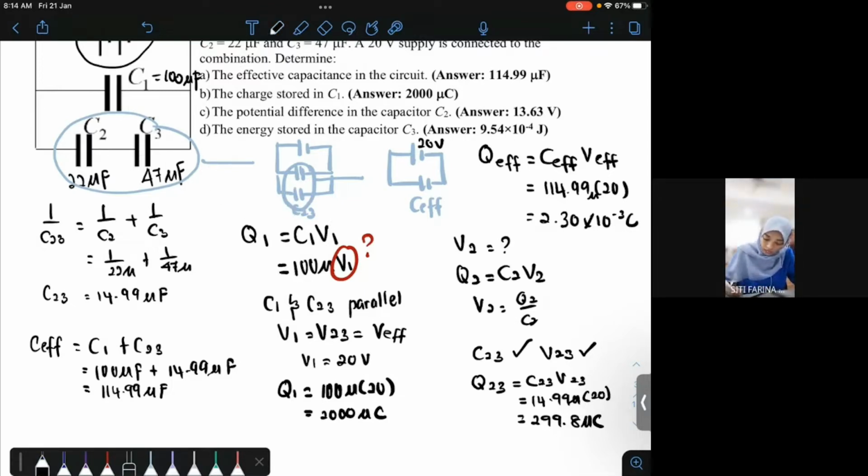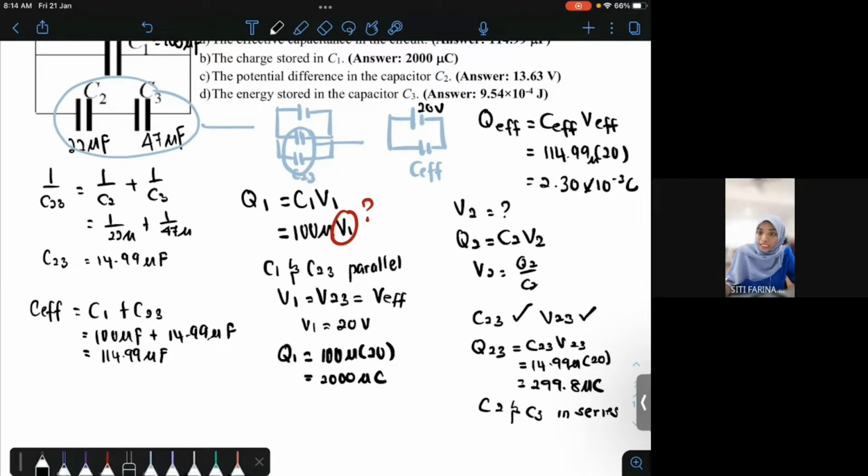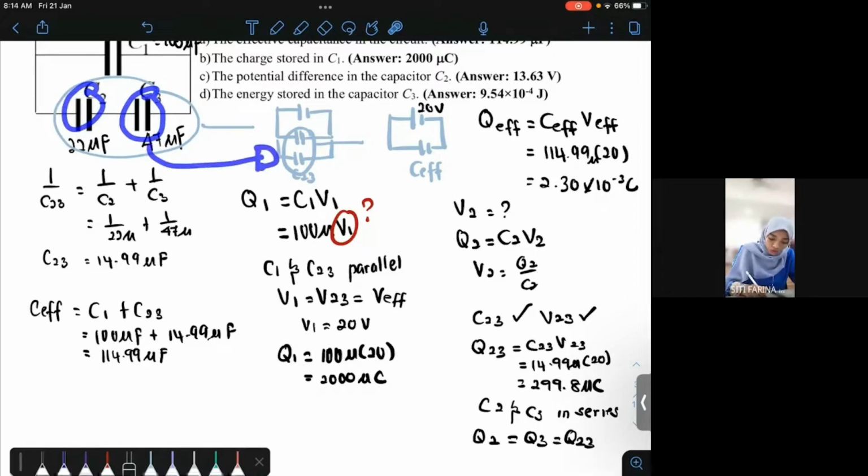C23 adalah hasil gabungan C2 and C3 in series. Bila series, they are going to have the same charge. So, Q2 akan sama dengan Q3, akan sama dengan Q23.